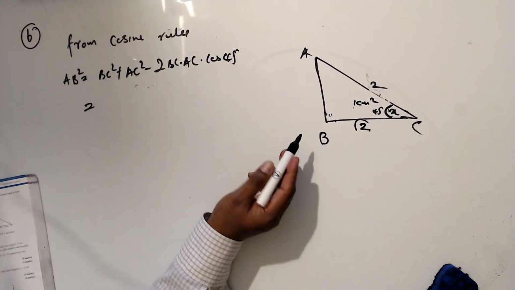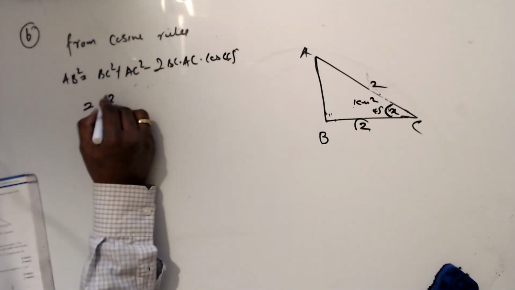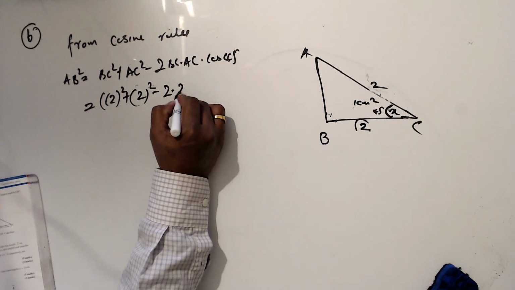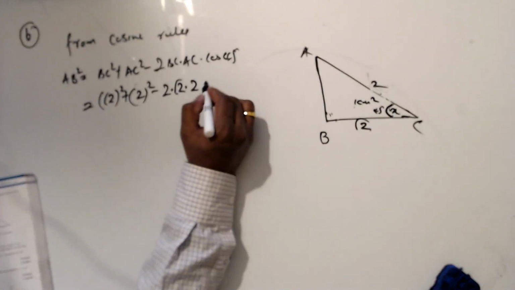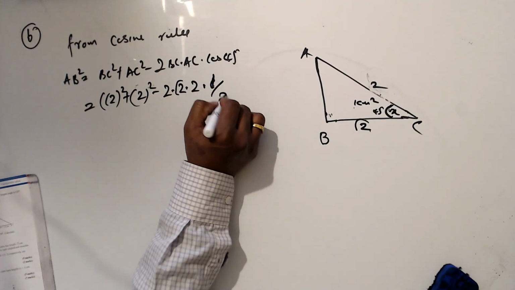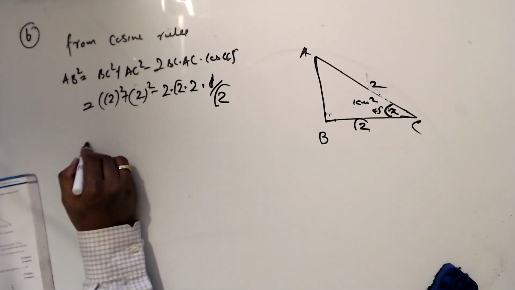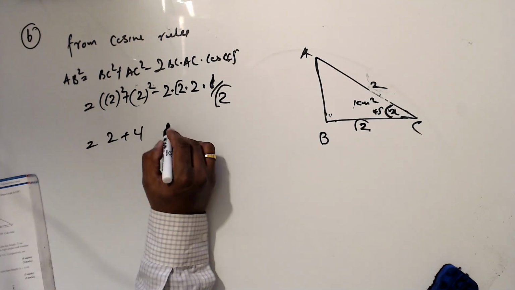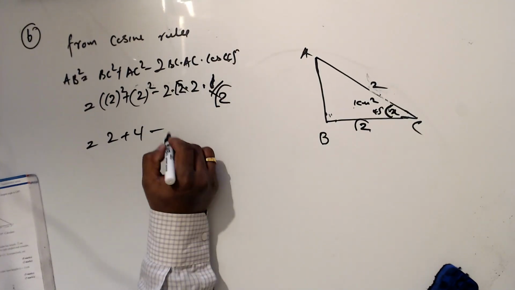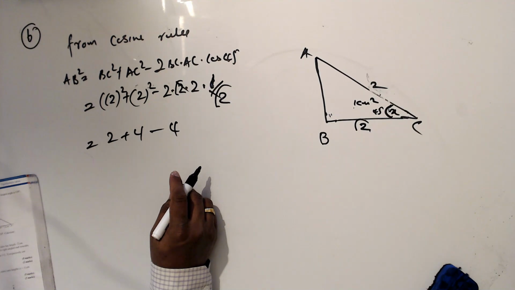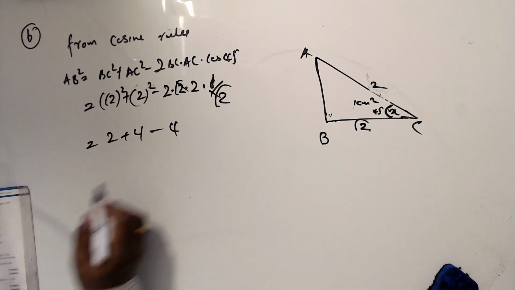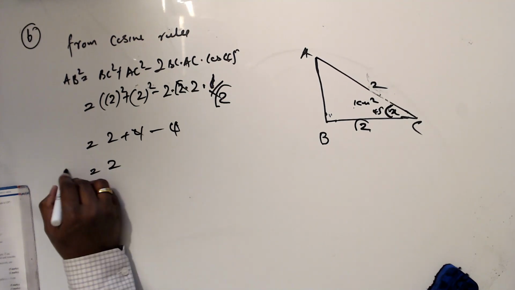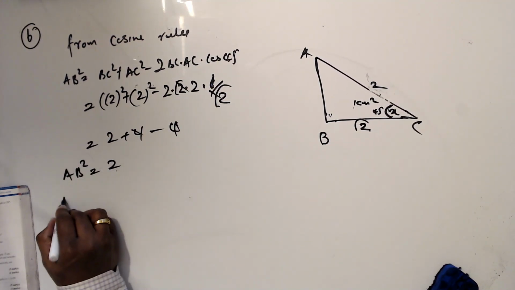So BC means square root 2 square, AC means 2 square, 2 times square root 2 times 2 times cos 45, which means 1 over square root 2. So this is going to be 2, 4, and this cancels out, and this is minus 4. Right, so this cancels out. Answer is 2. AB square is 2.